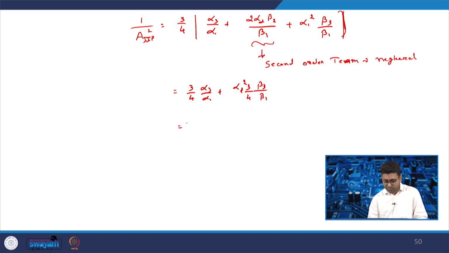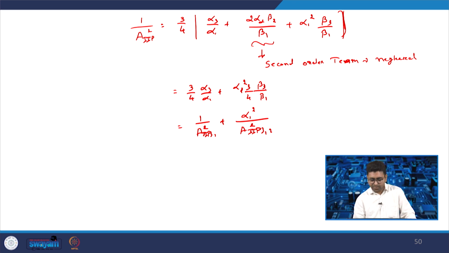So, you can write this: this is the first stage nonlinearity, that is 1 by AIIP3 1 square, plus alpha 1 square by AIIP3, this is the second stage nonlinearity. Because for the second stage the gain was beta and for the first stage the gain was alpha.